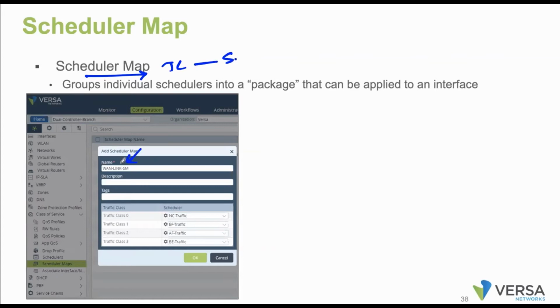So we'll create a scheduler map and mention what traffic classes we have and what schedulers we are going to use. We'll map them. Simple configuration: the bridge between the traffic class and the schedulers.